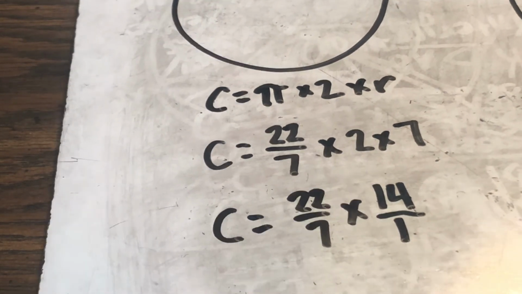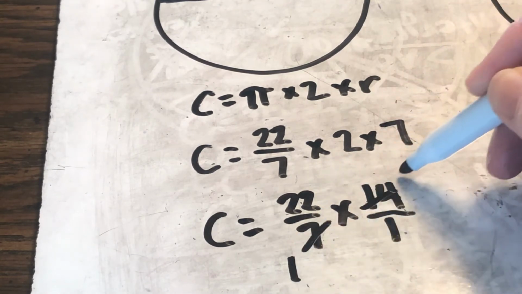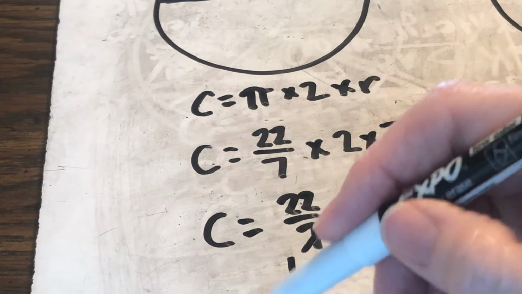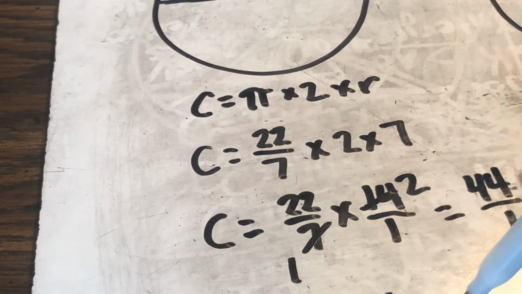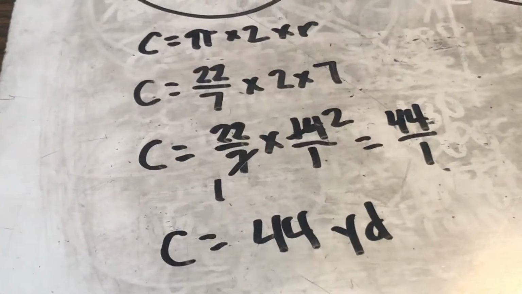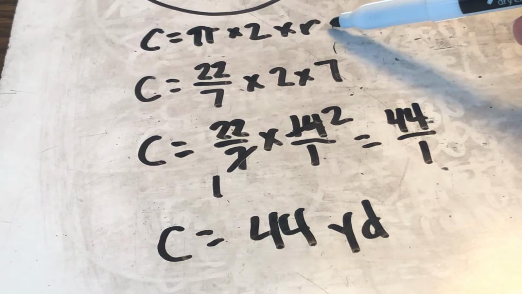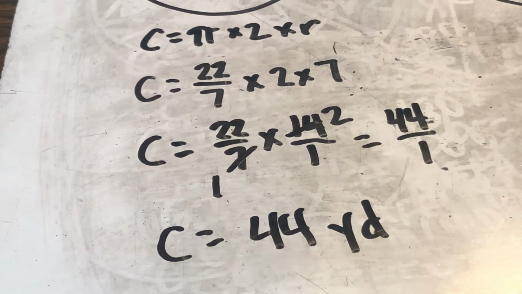Cross reduce here. I'm going to make this a 1 and this a 2. Then I've got 22 times 2, which is 44, over 1. So C equals 44 yards. Simplest form, we don't leave it over 1. All I did was use the radius formula, plug in the numbers, and do the math.